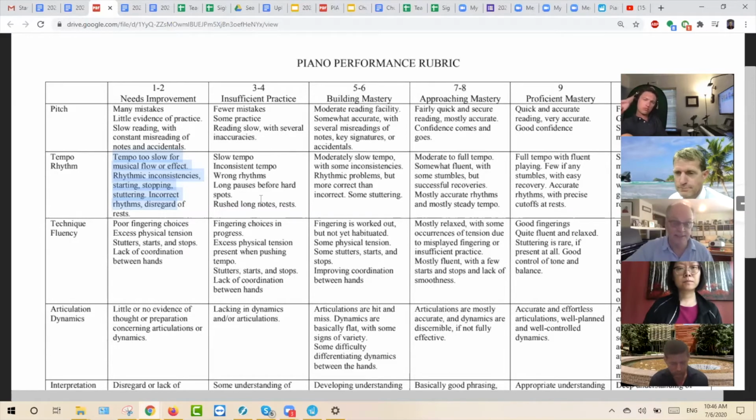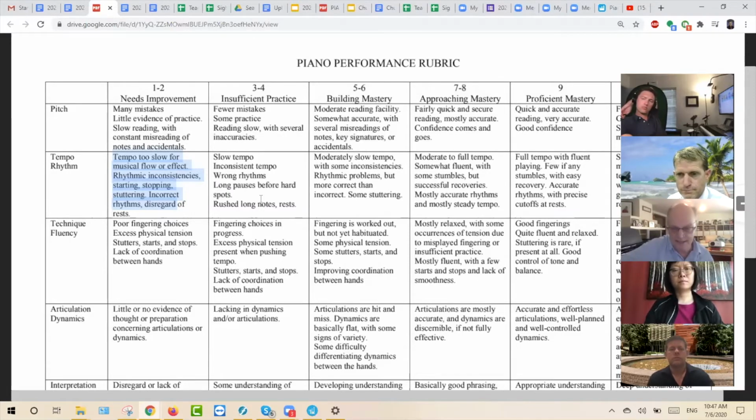They have to be self-aware about where they are in different skills. And then I decided to take it a step further, so that over time they start to develop their own rubrics for themselves.